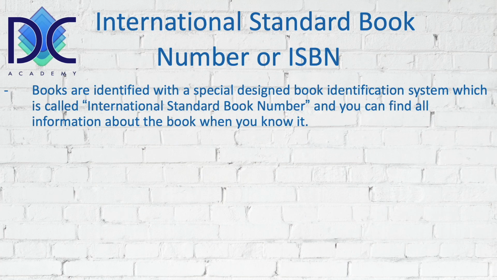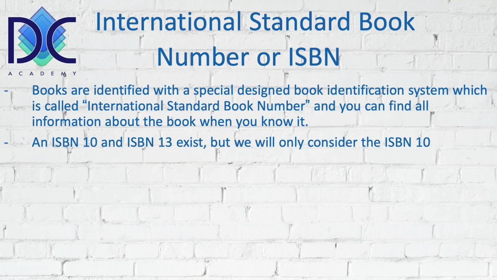You can find all the information about the book when you know it, so you can put the ISBN number in Google, and you can find the book. You find it on the book, so whenever people are using it at points of sale, they scan it and they find the elements.